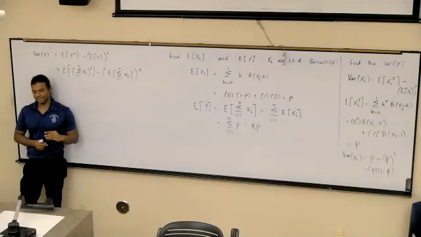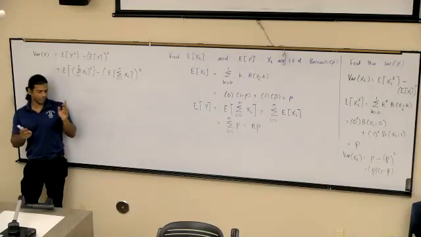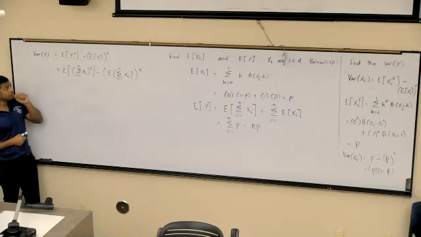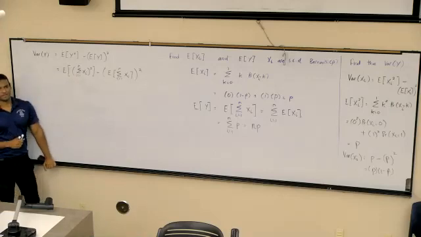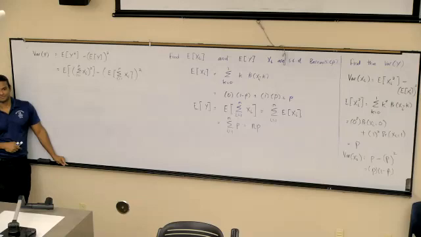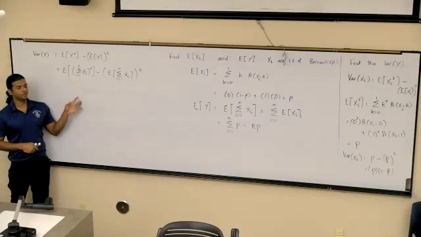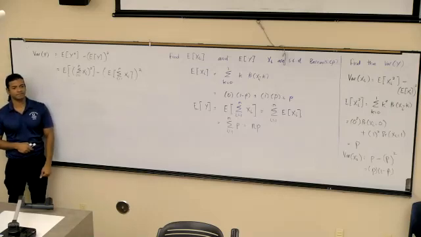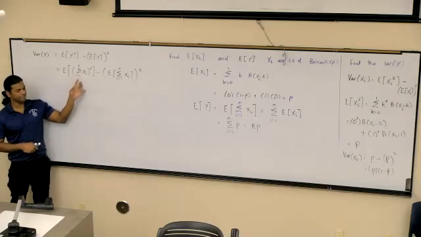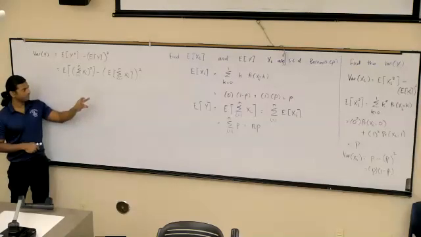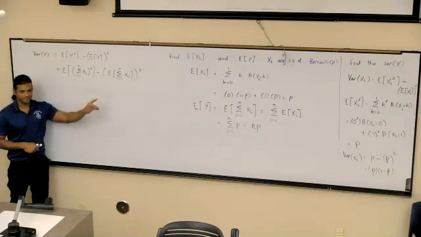Linearity of expectation, pull the sum out, square it, not a big deal. What about that part? Can I simply write this as the sum i equals 1 to n of xi squared? In other words, can I rewrite this as x1 squared plus x2 squared plus x3 squared?